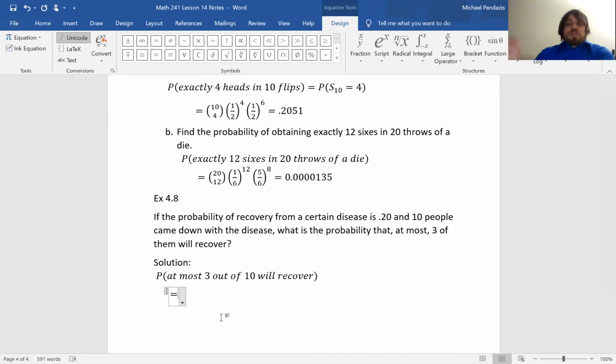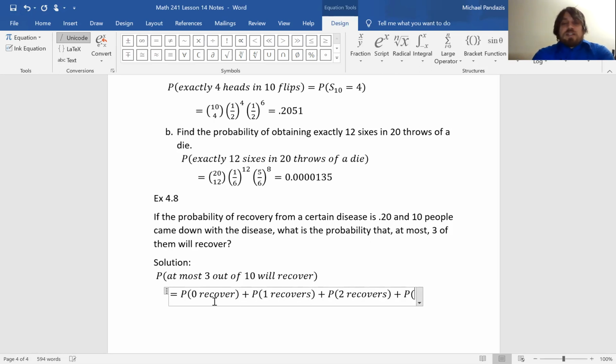The probability that at most 3 out of 10 will recover is the probability that 0 recover, plus the probability that 1 recovers, plus the probability that 2 recover, plus the probability that exactly 3 people recover.